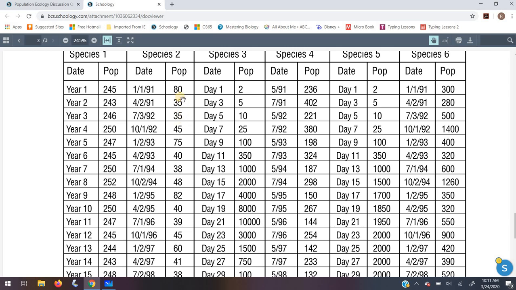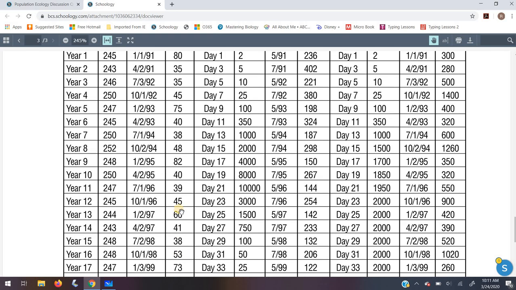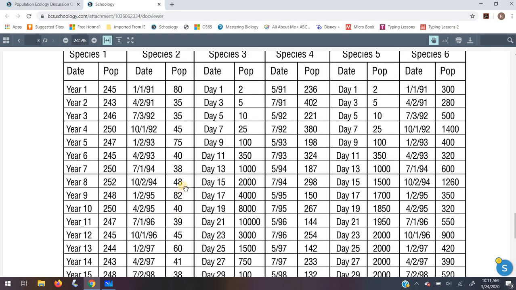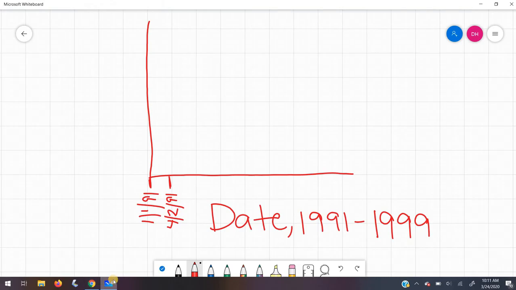In order to figure out what goes on the y-axis, you have to look at all of your numbers here and make sure that your y-axis goes up as high as it needs to. Looks like our highest number is 82. Okay, so then on our graph, we need to make sure we go up to at least 85.